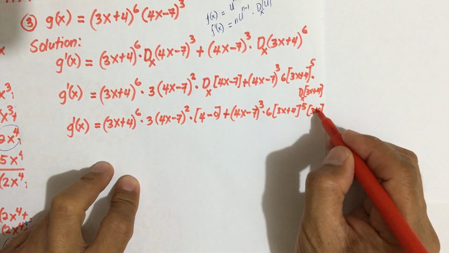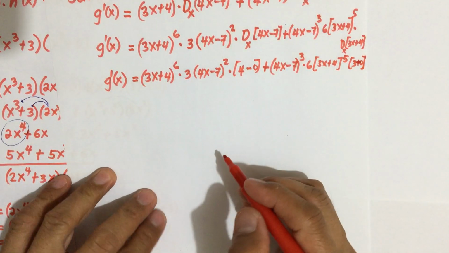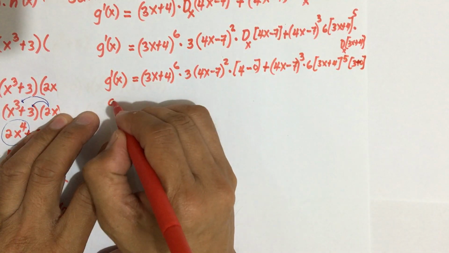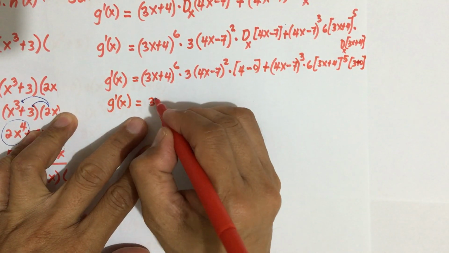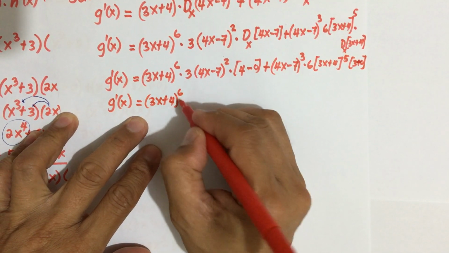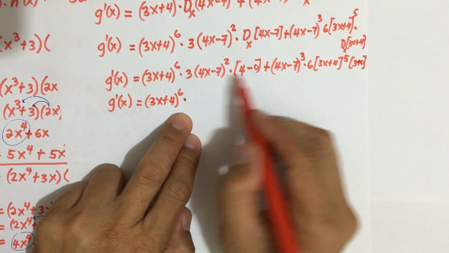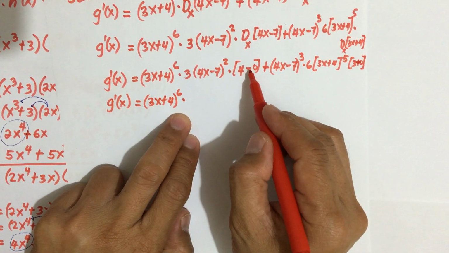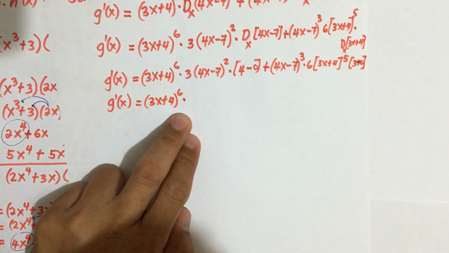Okay, so simplifying, we have g prime of x is equal to 3x plus 4 raised to power 6 times 3, this is 4 minus 0, 4 times 3.